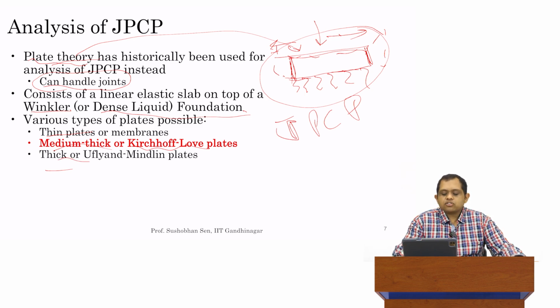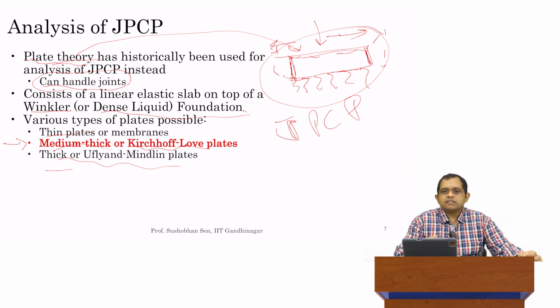The third theory is called thick plate theory, also called Reissner-Mindlin plates, and this theory does allow shear through the slab. Now, this is a particular theory. There's nothing particularly wrong with applying this theory to rigid pavements. It has been found that it's a little bit overkill. It's more complicated than using a medium thick plate theory, and it's fairly unnecessary because in general, experimentally, it has been found that rigid pavements are pretty well approximated using this medium thick plate theory.